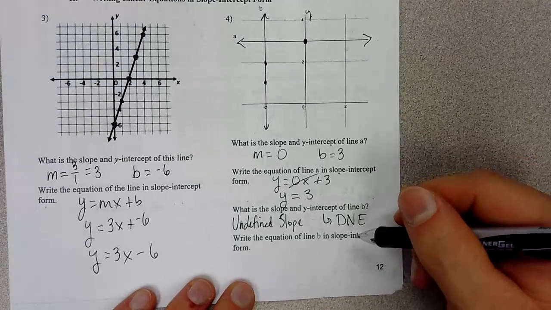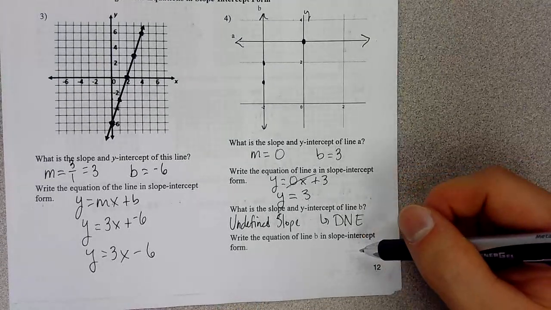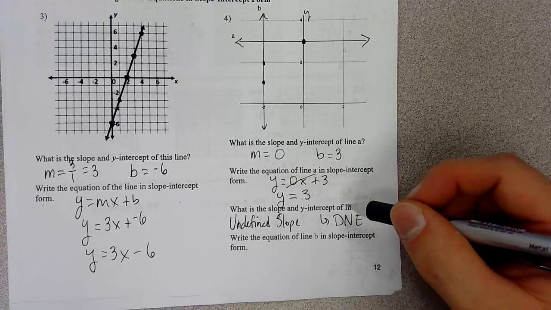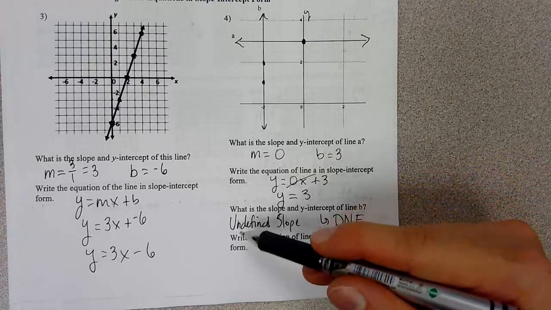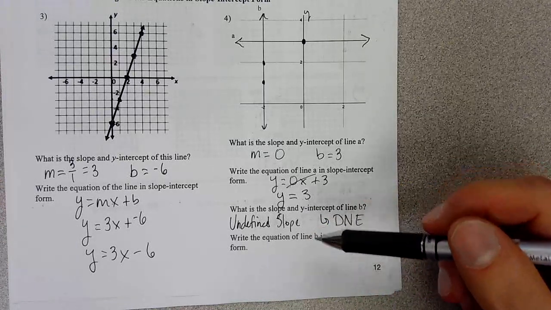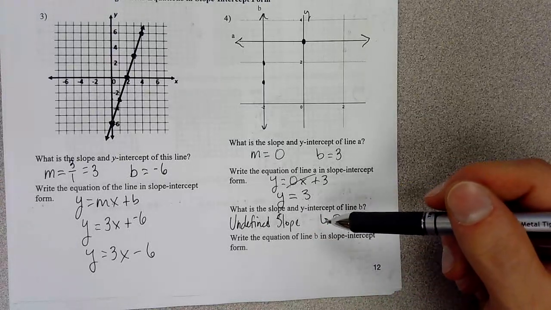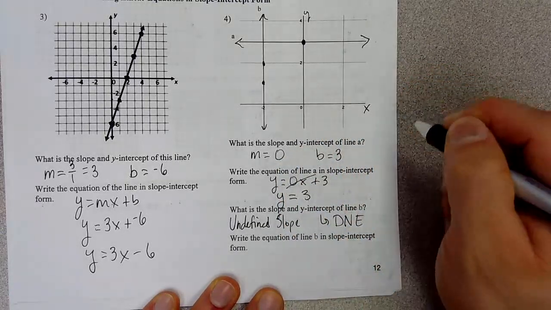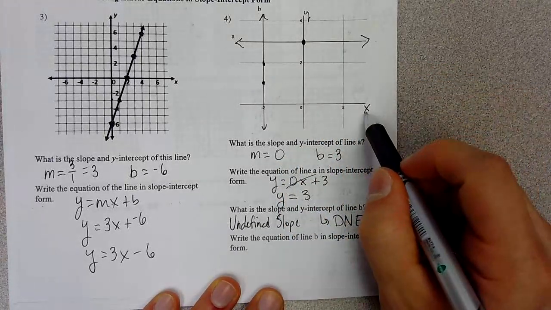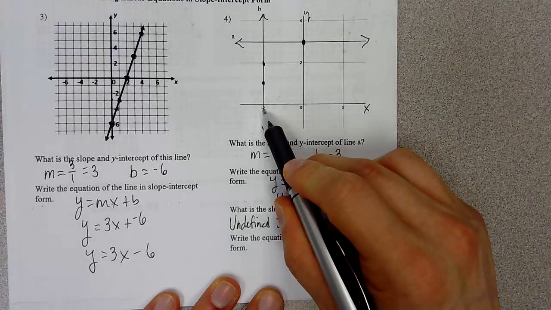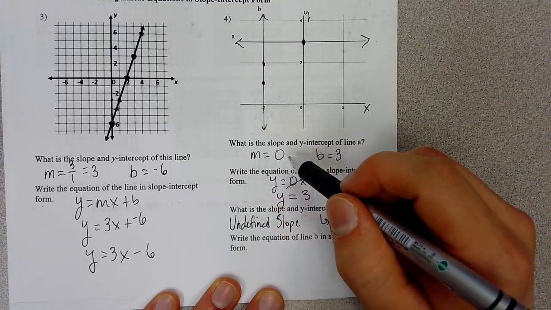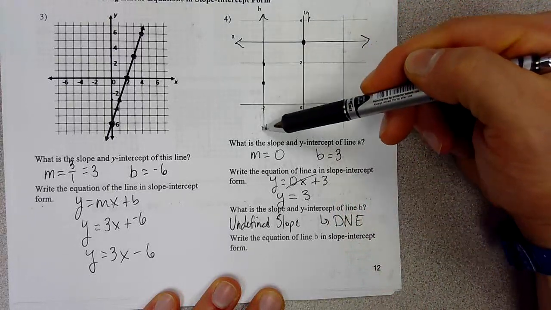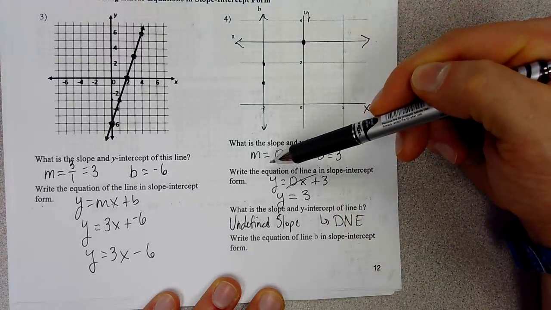But then it asks, write the equation of line B in slope-intercept form, which seems impossible if we don't have a y-intercept and our slope is undefined. However, one thing we didn't mention is the x-intercept of this line, where it crosses the x-axis. It crosses the x-axis at -2, which means that every point on this line forever will have an x-coordinate of -2.